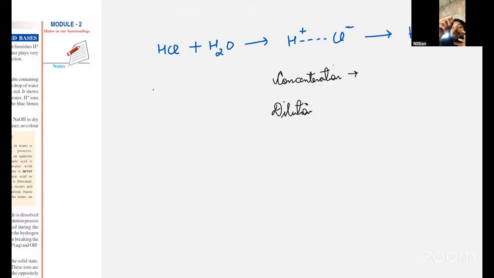If I add 2 spoons of sugar, a little bit more sweet. 3 spoons, more sweet. 4, 5, 10, 11 spoons. Then it becomes sweeter and sweeter, and the time will come that it becomes the sweetest, and no more sugar will be added.